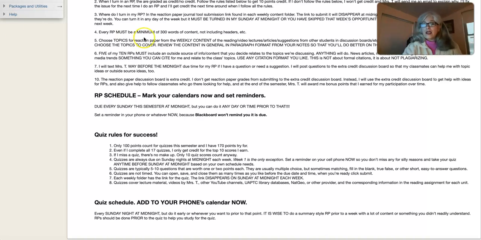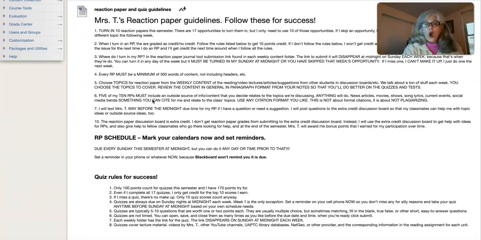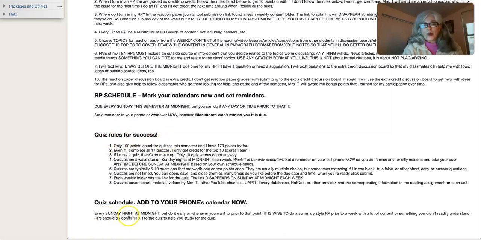And so in the course logistics folder, which is what I'm looking at here behind me, where it gives you the reaction paper guidelines, it gives you the rules for success on quizzes also. And so you can see about quizzes being due and how there's no makeups and how I'm going to drop 7 of your low scores. Last semester, I had a student who took all 17 quizzes and she made like 8s, 9s, and 10s on them.